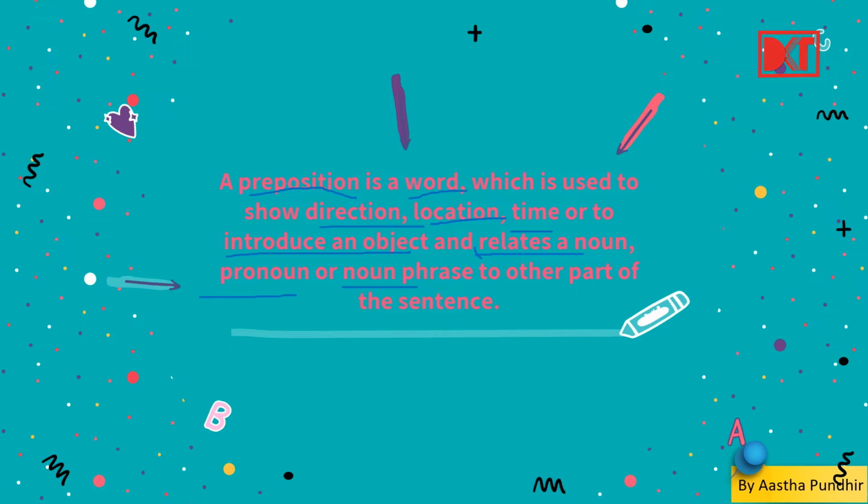So they are relating what? Relating either a noun or a pronoun or noun phrase to the other part of the sentence. And what action are they doing? They are showing either direction or the location or the time or introducing an object. Now we will see examples and then this meaning will be clearer to you.